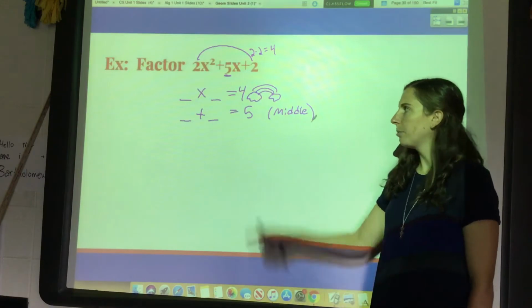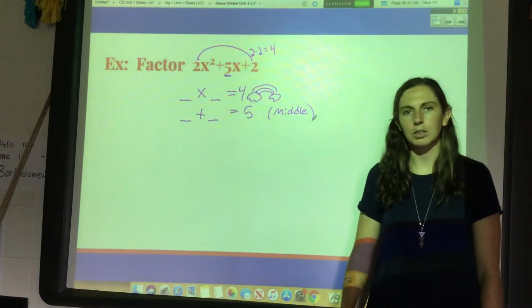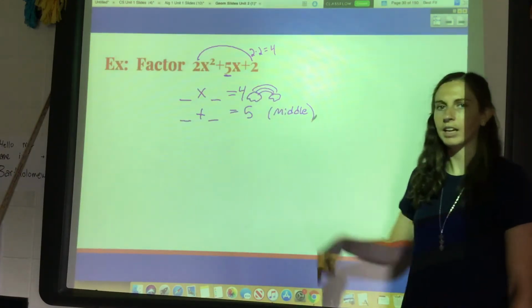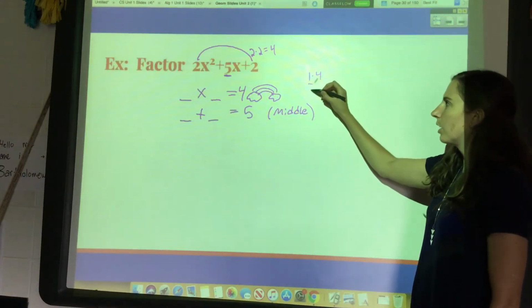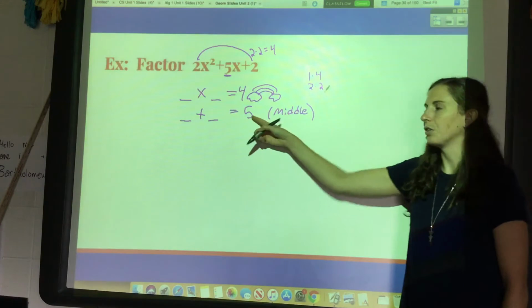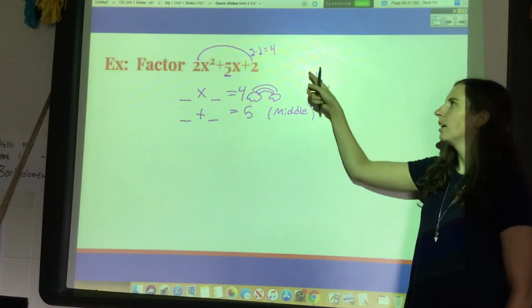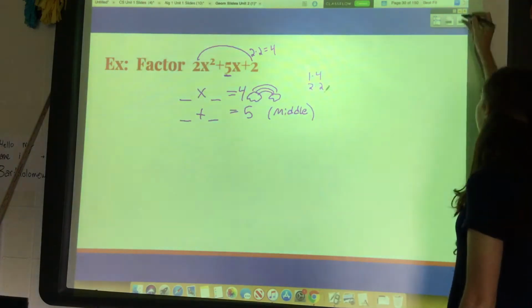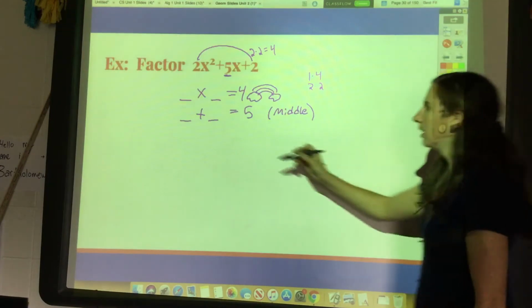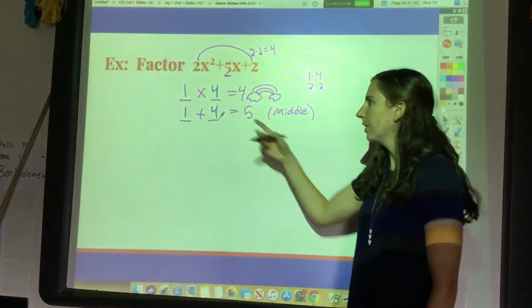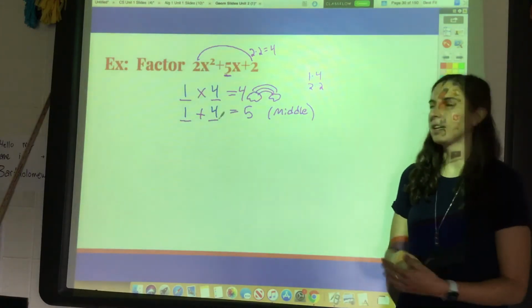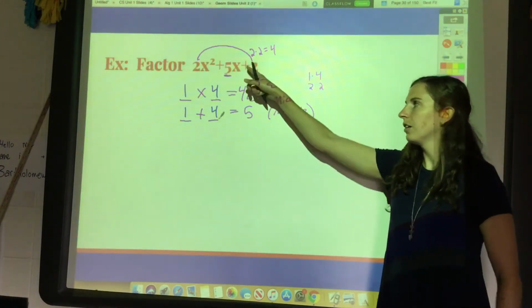One way is to list out things you could multiply together to get 4, like 1 times 4, 2 times 2. Which of those adds to give you 5? The answer would be 1 and 4. So 1 times 4 gives me 4, and 1 plus 4 gives me 5. Those are my 2 magic numbers.